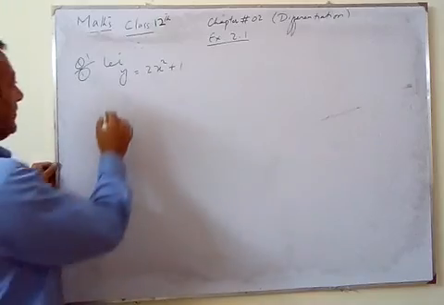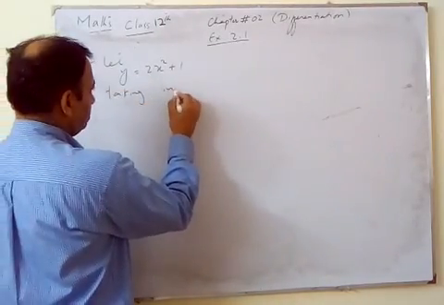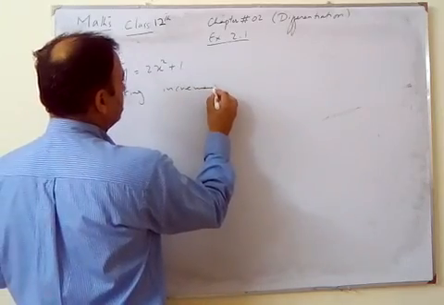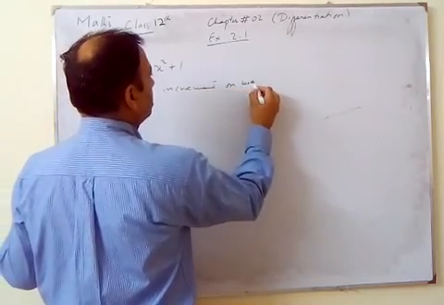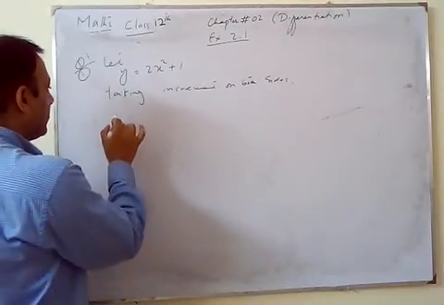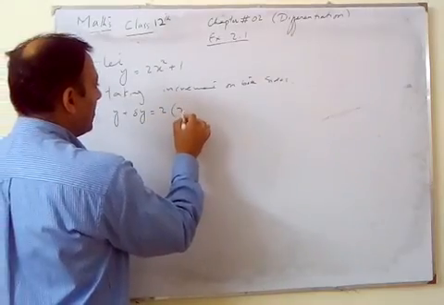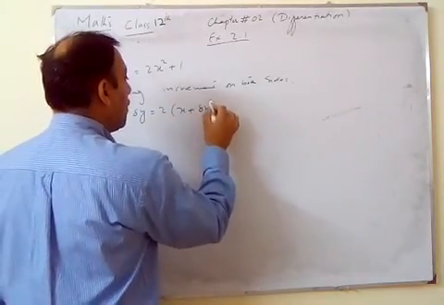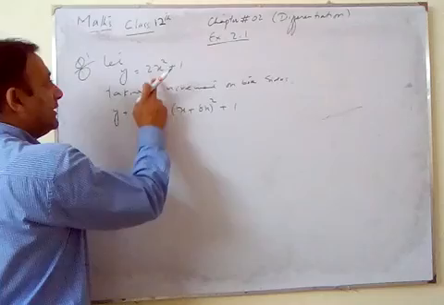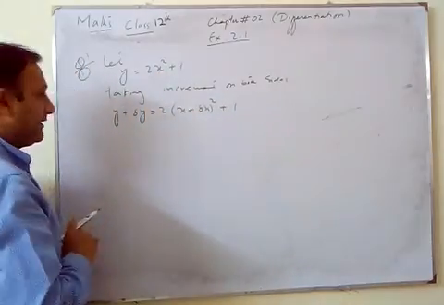Now the first step is taking an increment on both sides. On both sides we take increments: y plus delta y equals 2 into x plus delta x whole square plus 1. So for a small change in x, the power remains there.